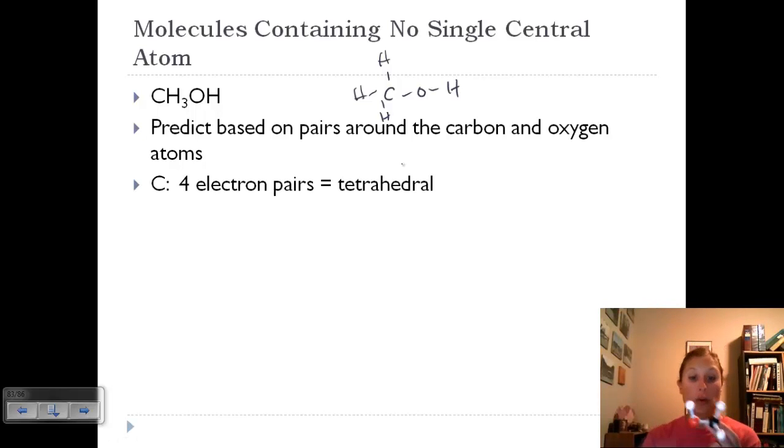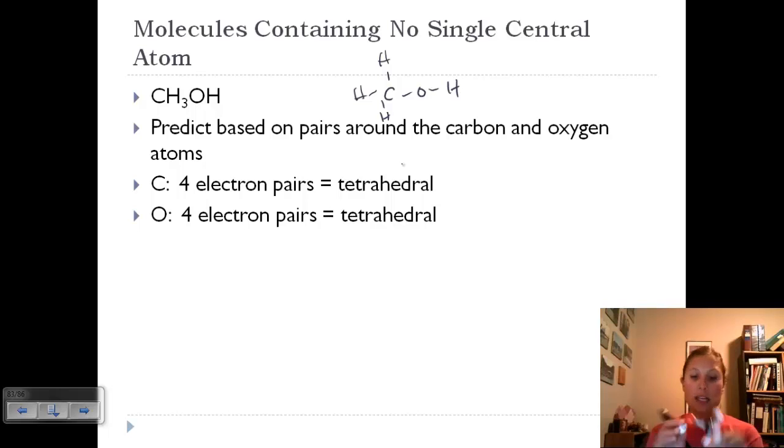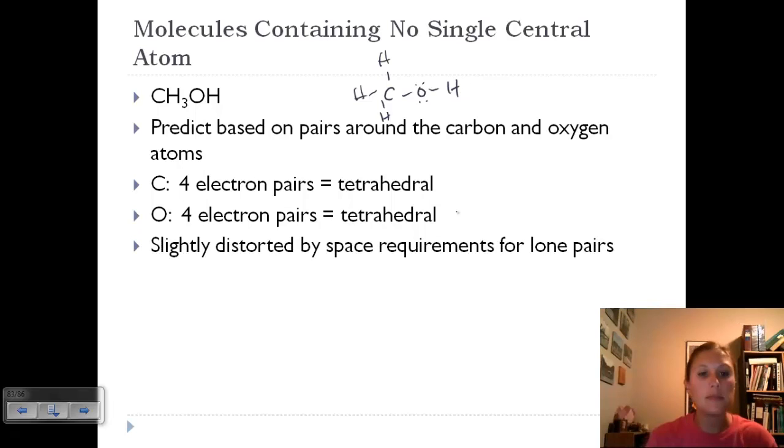So carbon has 4 electron pairs around it, right? So if we held carbon like this, maybe, then that would be tetrahedral. Here's 1, 2, 3, 4 bonding sites. Okay, if we look at oxygen, it's got 2 lone pairs here, so let me draw those on. And so technically this is also tetrahedral.